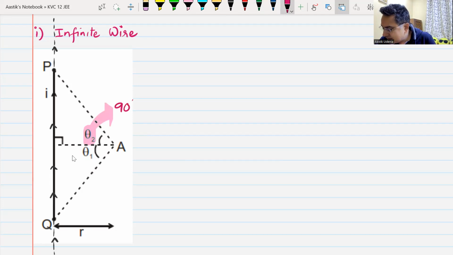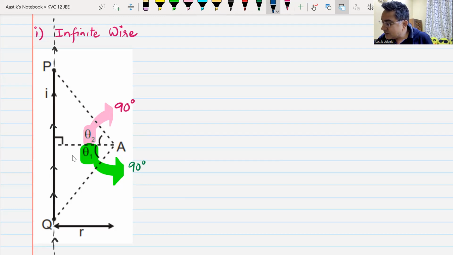This angle would be 90 degrees for an infinite wire. And similarly, your green angle, theta 1, with the infinite wire coming from infinity, would be 90 degrees. You just put the value of theta 1 and theta 2 as 90 degrees in our original equation. What was the original equation that we had?